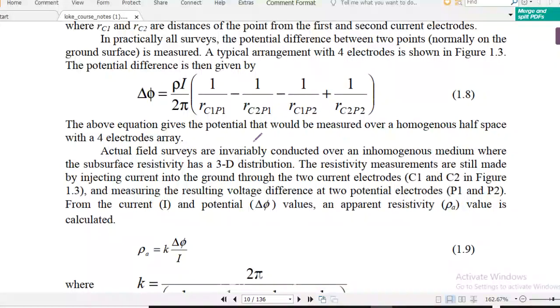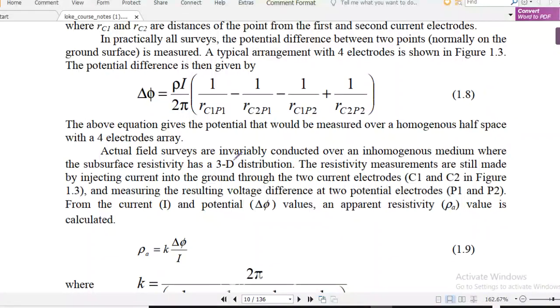The above equation gives the potential that will be measured over a homogeneous half space with 4 electrodes. This is for the homogeneous case.